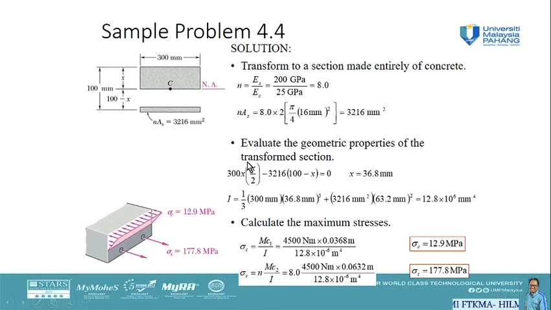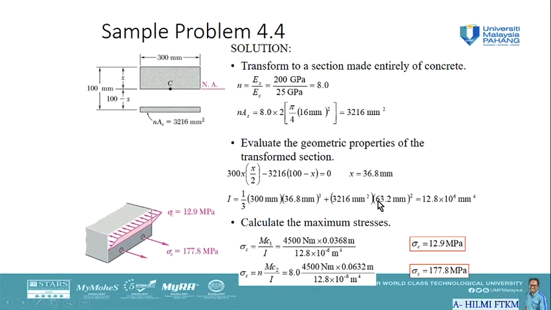So the simplified version would be 1 over 3 times 300 millimeter the breadth, times the distance x of the steel 36.8 millimeter, plus 3216, the area of the steel rod, times 63.2 millimeter.